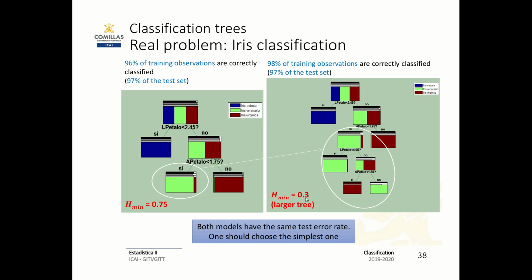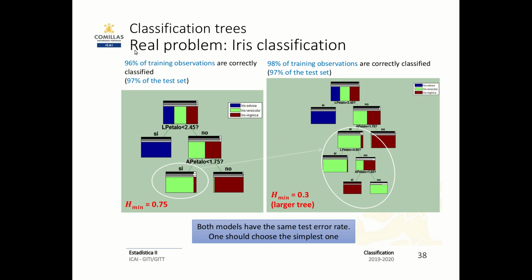With 0.3 we have a lower threshold, so this node would be further subdivided, and then we can see the further subdivision, and it is a more complicated tree.